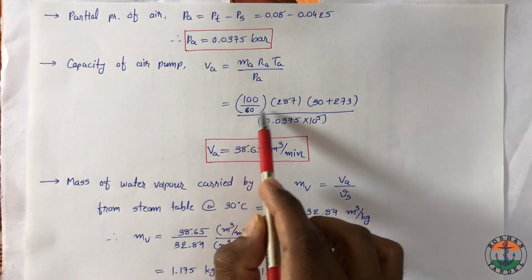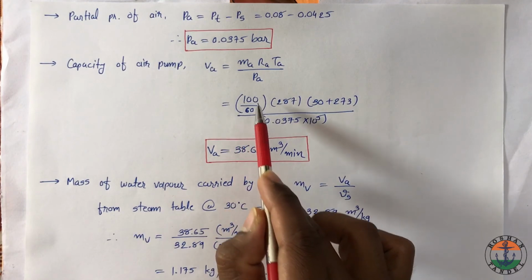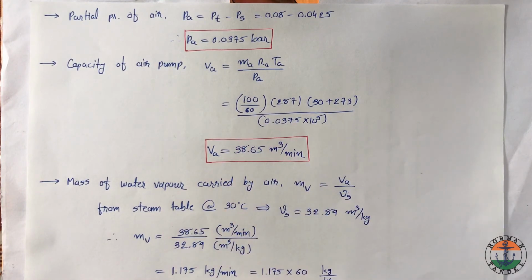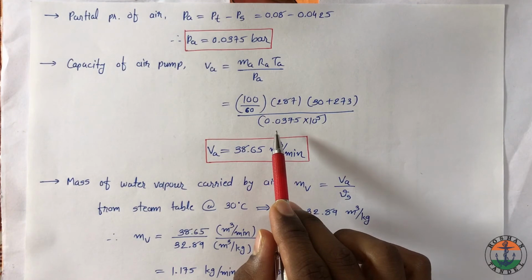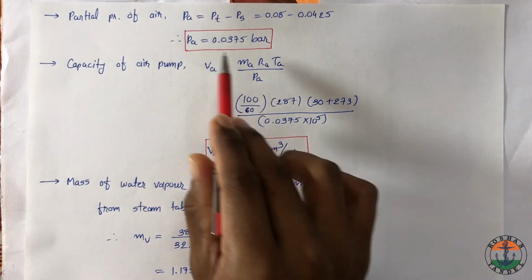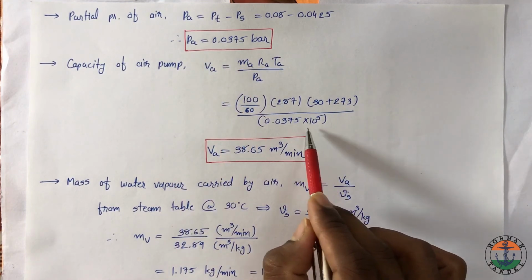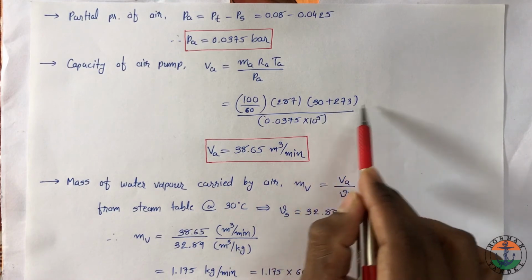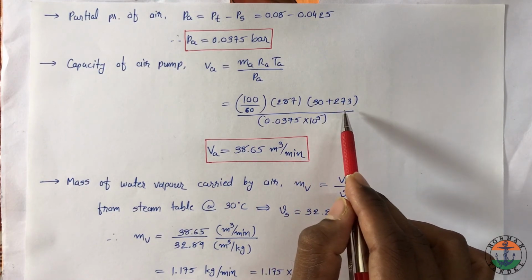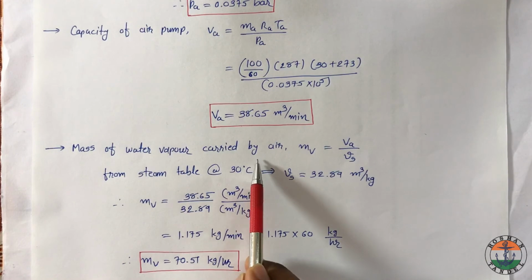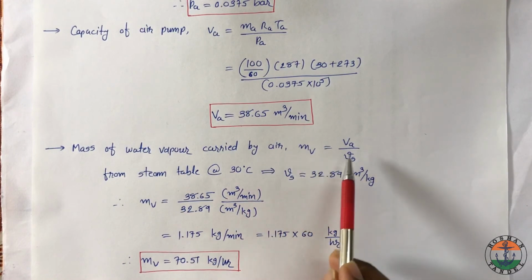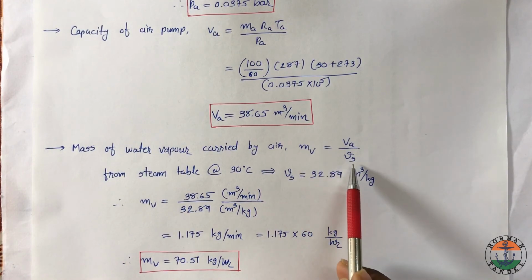For that, you have to put the value of Ma in kg per minute. Also, do not forget to convert this bar into Pascal. Take TA in Kelvin. Mass of water vapor carried by air, MV, is equal to volume of air divided by specific volume of steam.